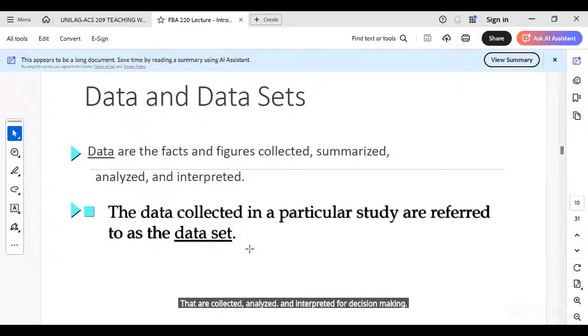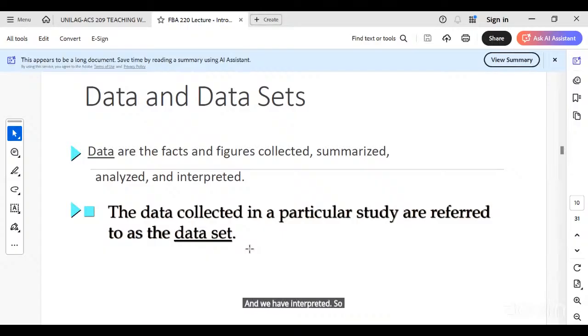That is very key. You don't just collect data for the fun of it. Data are collected to guide decisions. Data becomes information after you have analyzed, summarized, and interpreted them.